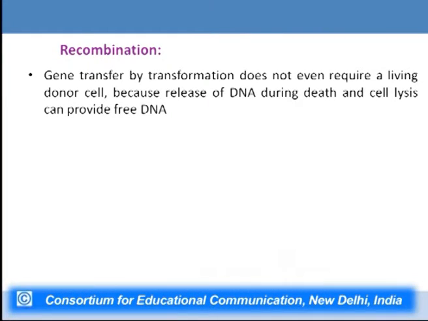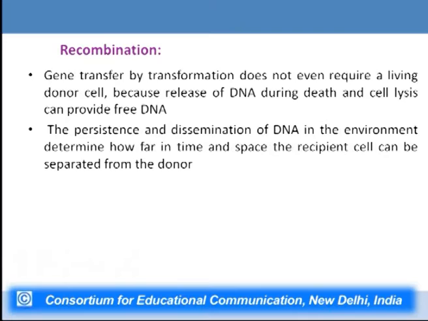So gene transfer by transformation does not require a living donor cell, because release of DNA during death and cell lysis can provide free DNA, and this free DNA can be taken up by the recipient cell. However, the persistence and dissemination of DNA in the environment determines how far in time and space the recipient cell can be separated from the donor, because we know that DNA as such is very susceptible to digestion by DNases, and it cannot persist for a very long time in the environment.